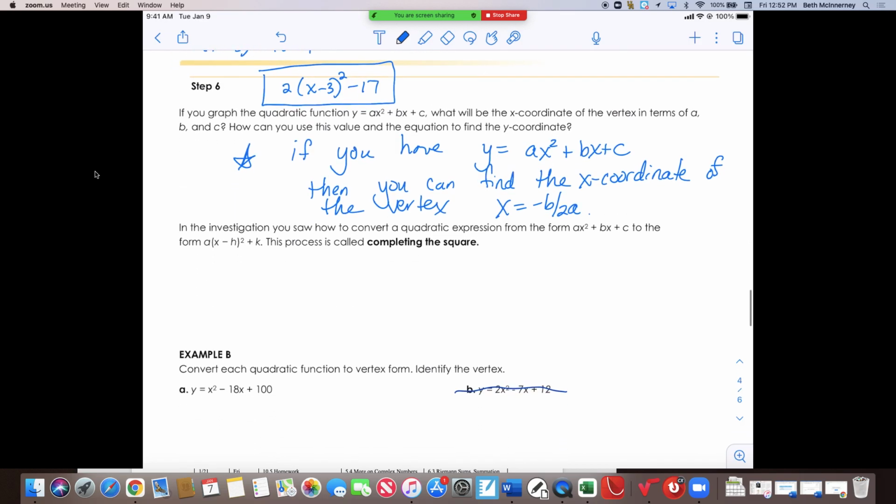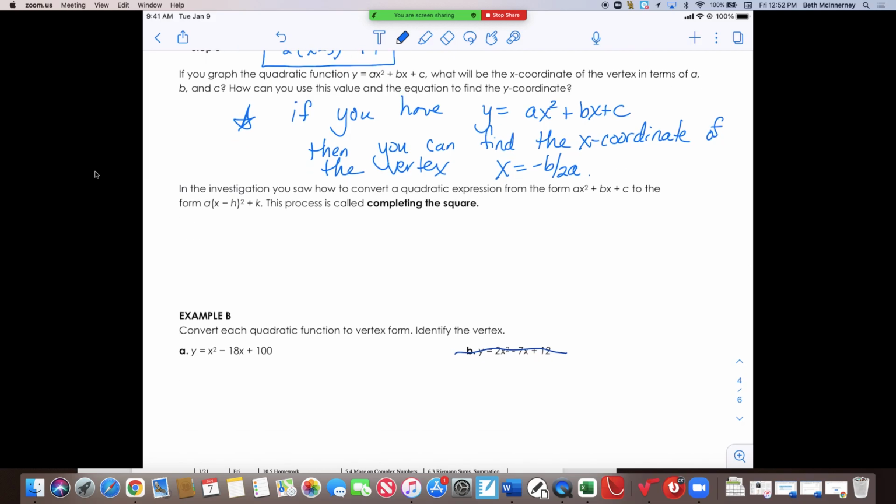So let's try example B, letter A. It says you want to convert y equals x squared minus 18x plus 100. Your first step: if there is a number in front of x squared, then factor it out first.